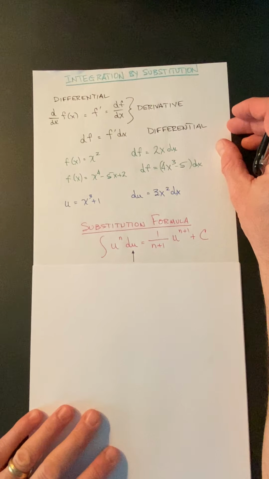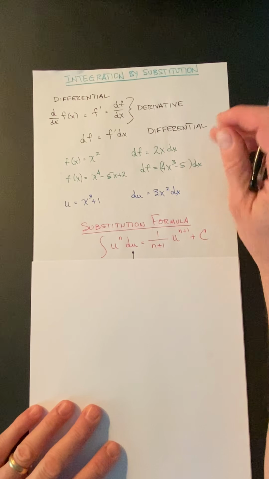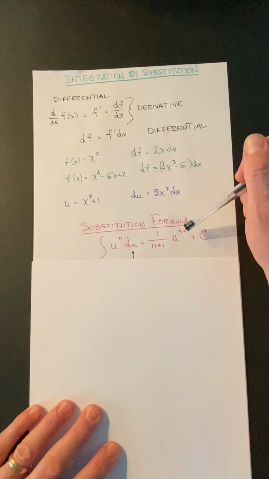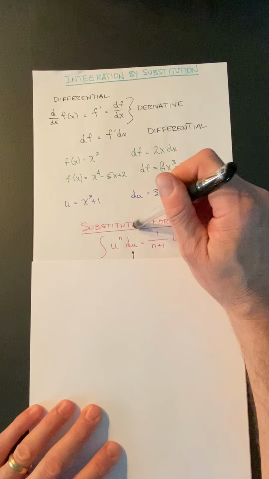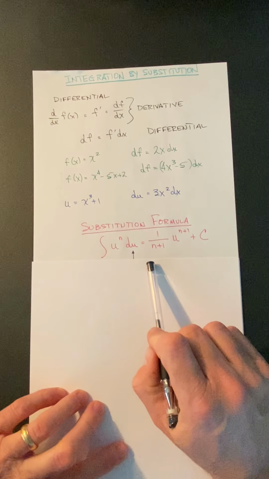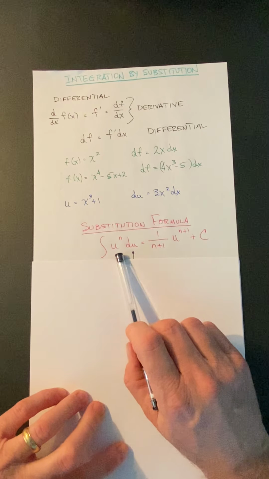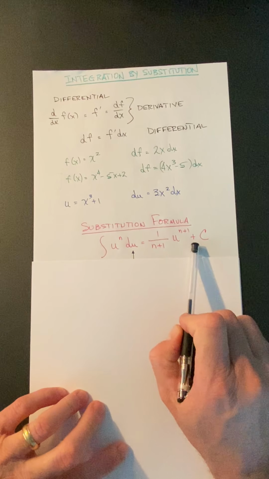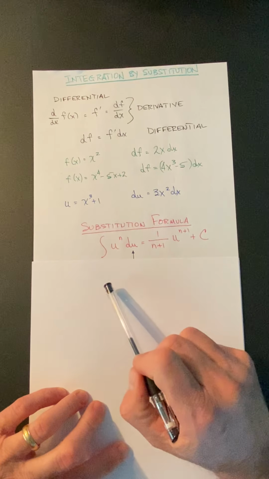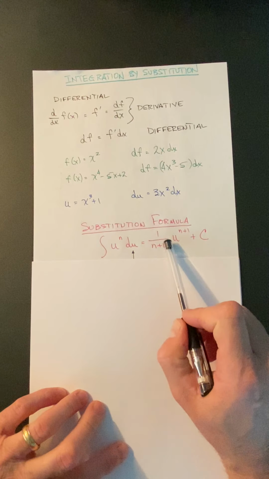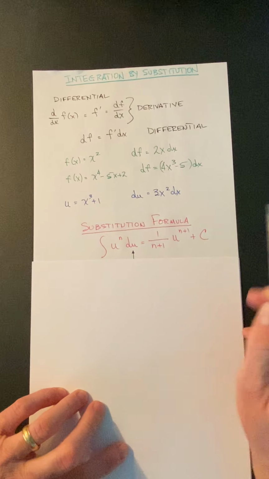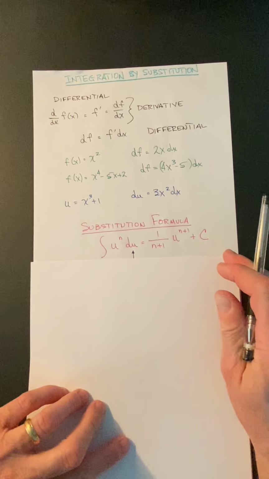Now, when we start learning this, we are ready to take it to the next step, which is using this first of the three substitution formulas. And notice how familiar this is to you. The integral of some function to a power, du, is equal to 1 over n plus 1, the function to the n plus 1 plus c, okay?